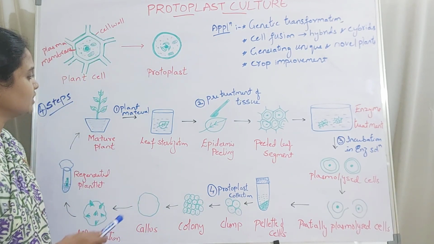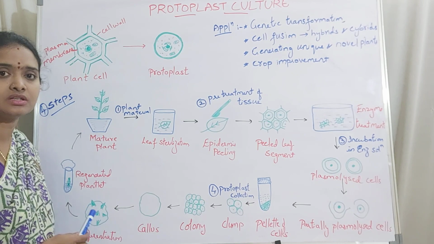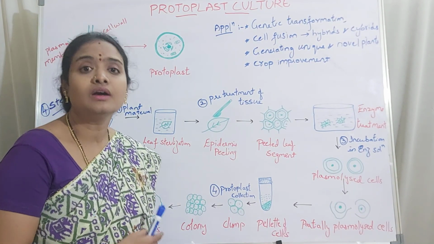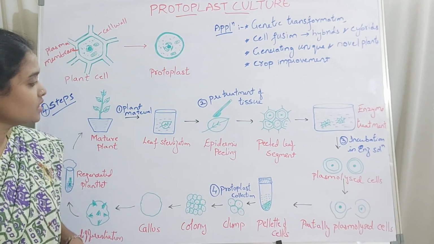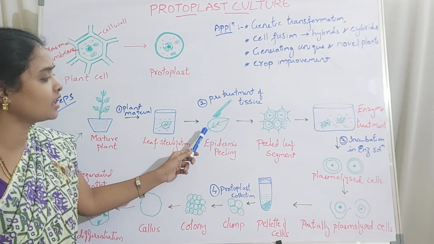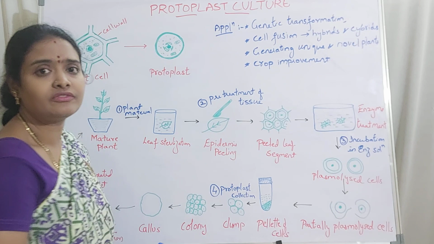So any one of the sterilizing agent you can take and go for surface sterilization, so that any dust particles present on it and also any airborne microorganisms can be washed away. Right? So after sterilizing your explant, you are going to take that in a petri plate, and then with the help of scalpel, everything is sterilized.